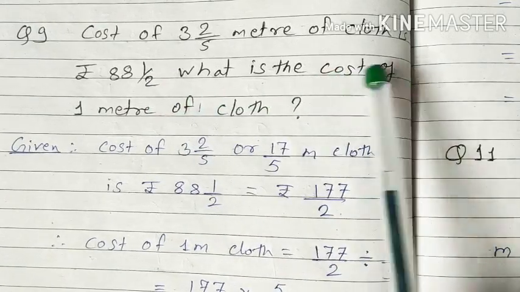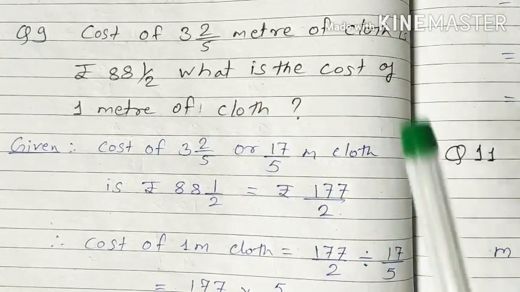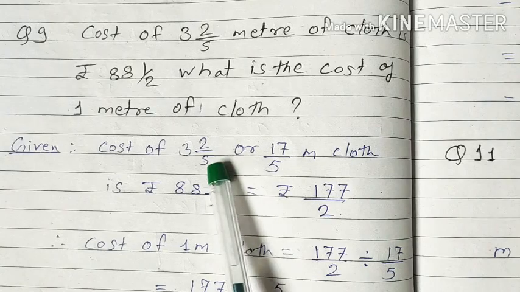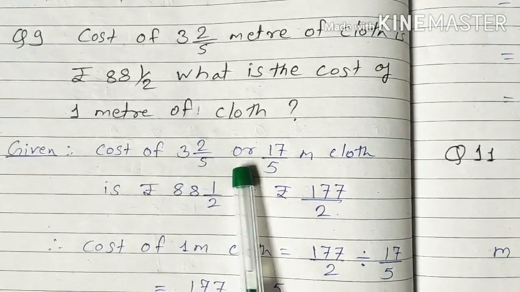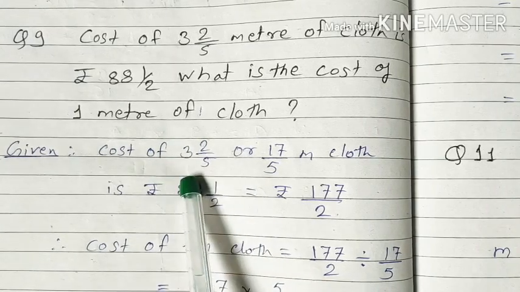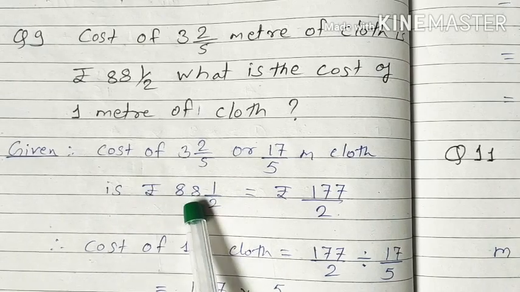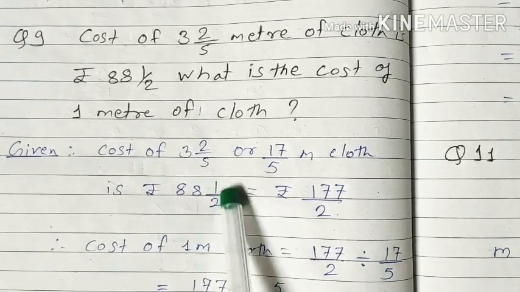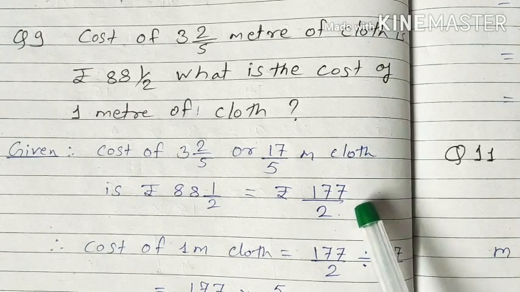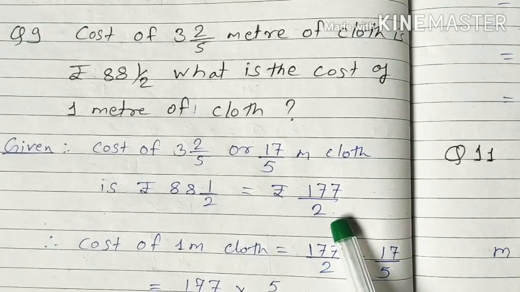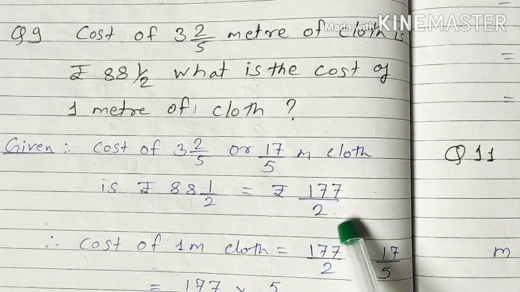What is the cost of 1 meter of cloth? So what has been given to us again? The cost of 3 integer 2 by 5, or the same thing can be written as 17/5 meters of cloth, is rupees 88.5, and 88.5 can be written as 177/2.